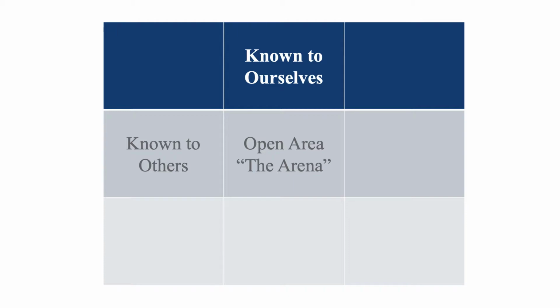When we talk about the arena, therefore, we're just talking about things where you know something about yourself that other people also know about you, and that means that you can adapt accordingly. And it doesn't even have to necessarily be your strongest trait or your best feature that everyone knows about you. If you're really good at sales and it's time to make a sales pitch, and your whole team looks at you because you're the strongest salesperson on the team, then great. That's an excellent example of where information being known to you and to others in your workplace can be really helpful.